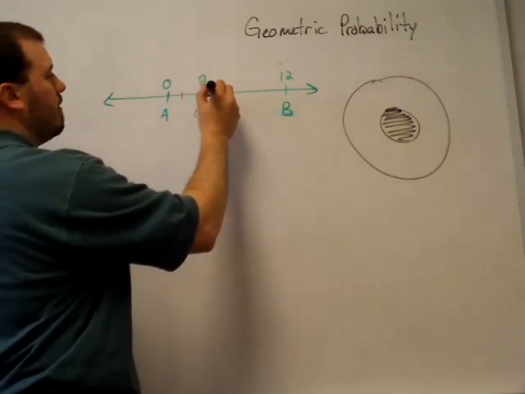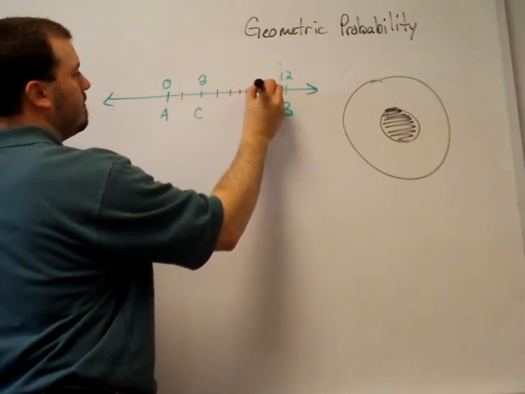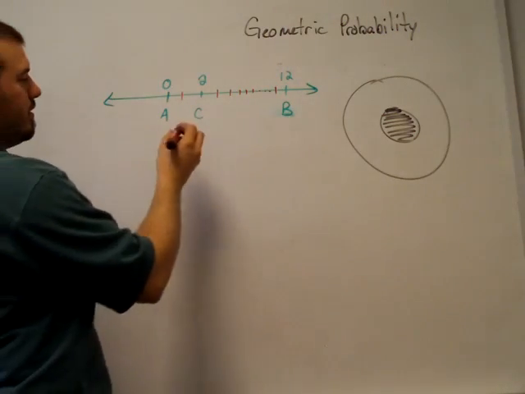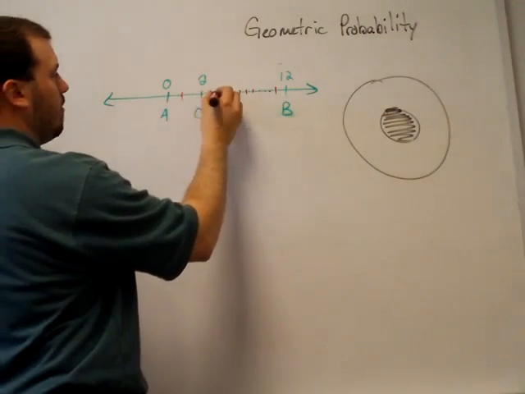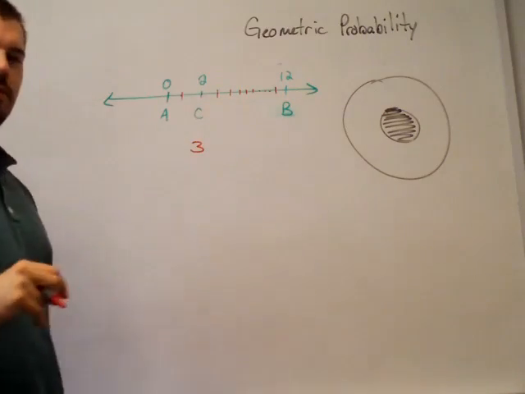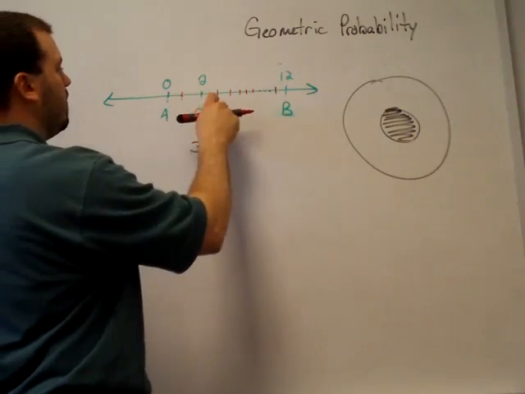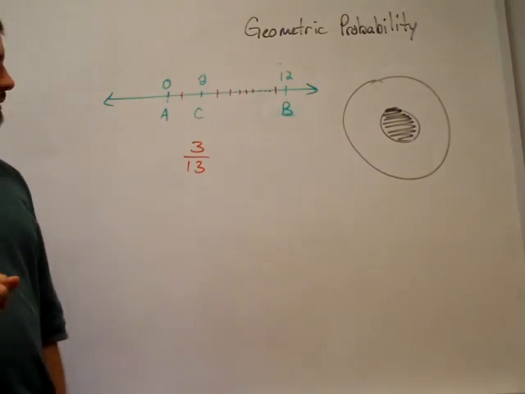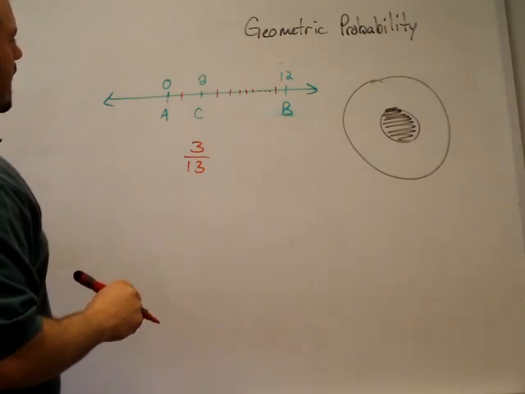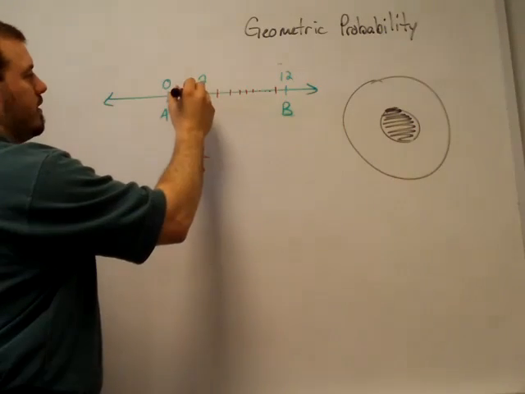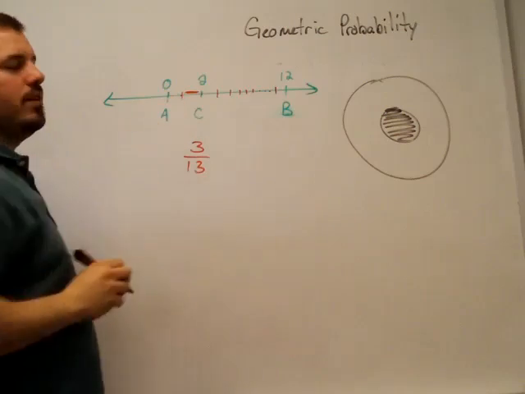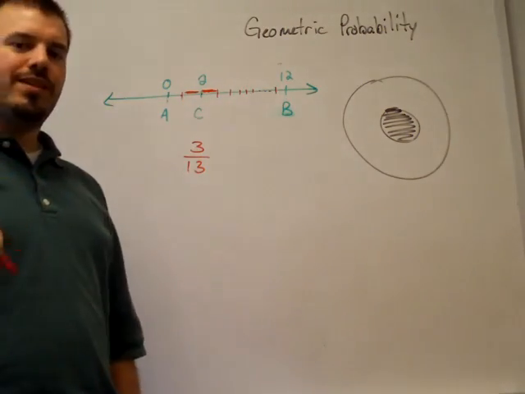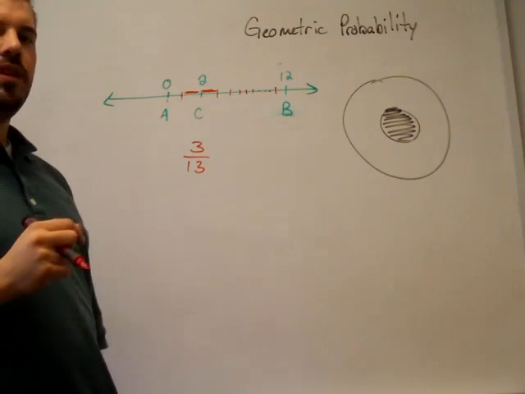Students like to put in tick marks and count the tick marks, and students will say there's 3 places that would work out of 13 tick marks from A to B. However, that's not what we're looking at, because tick marks are excluding all of the spaces in between. Those would all still be within 1 unit from C.